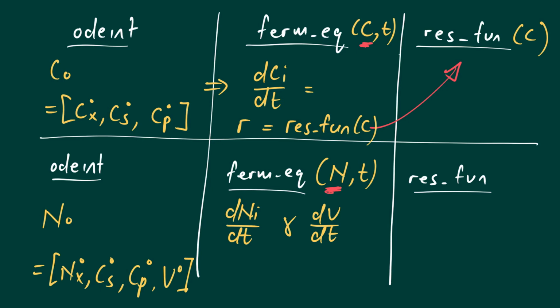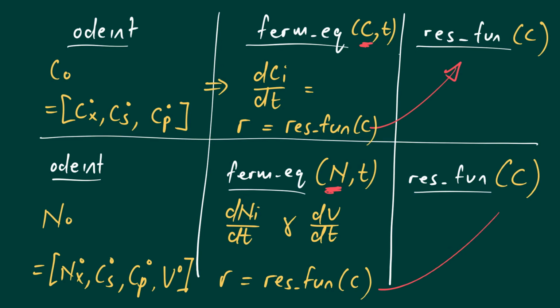In the fermentation equation, we will still call upon the response function. So we're still going to calculate the R's, and we're still going to have the response function. The response function is always just a function of concentrations, so the response function basically remains exactly the same. And we call upon the response function to return the rates.